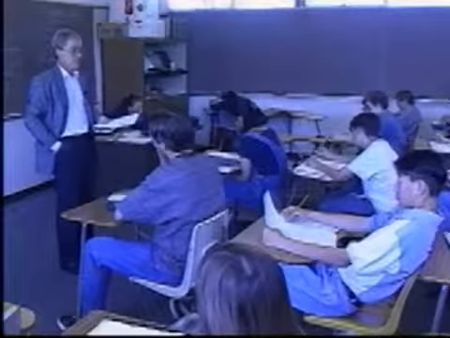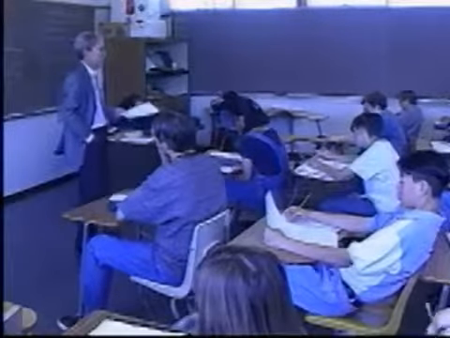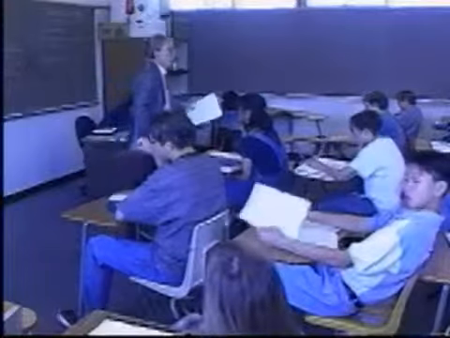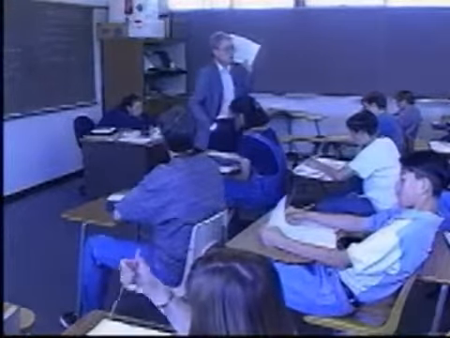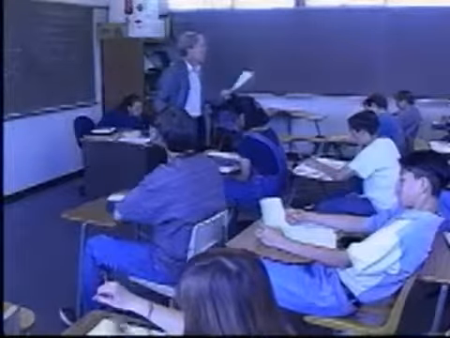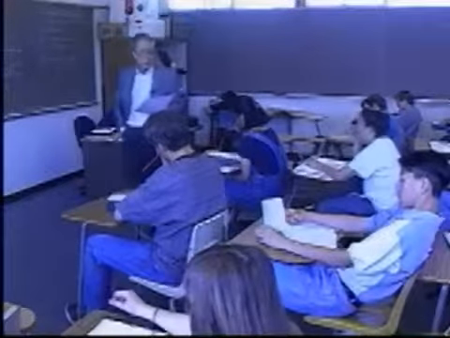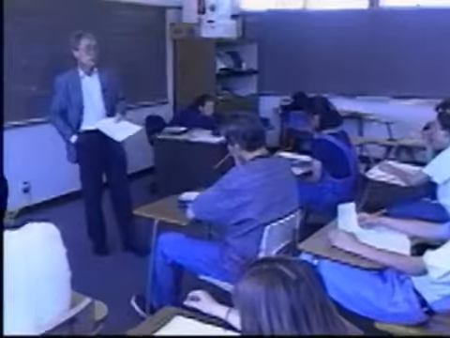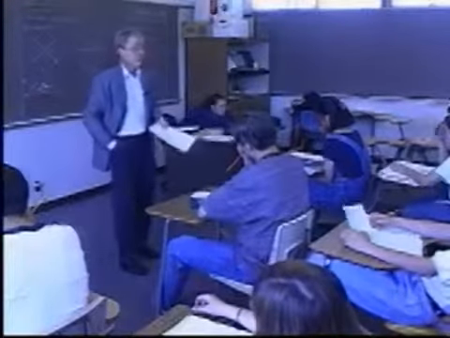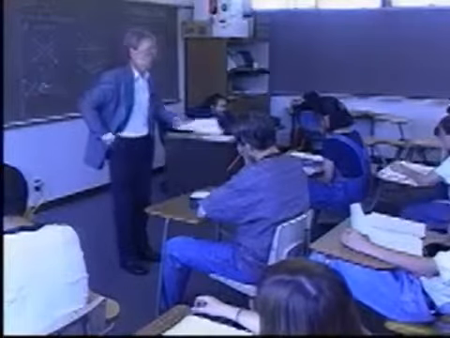They're vertical. 2 and 3 are not vertical. 1 and 3 are vertical. 2 and 4 are vertical. 2 and 3 are supplementary. So if 3 is 120, what must 2 be equal to? 60. If 2 is 60, what must 4 be equal to? 60. Okay.